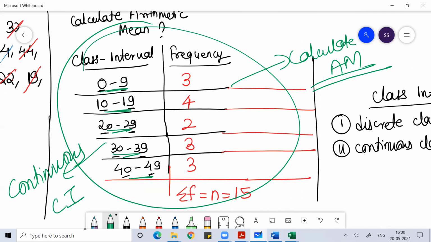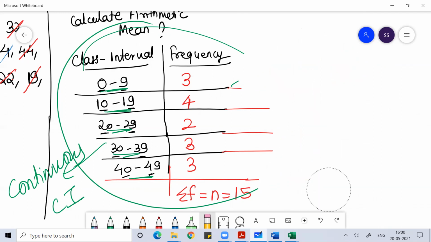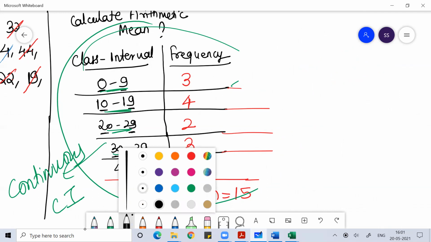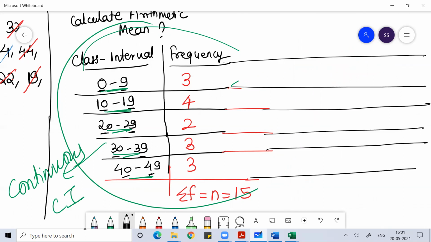So the first thing you need to do when you see the question in the exam is make the class interval continuous. If it is discrete, make it continuous. How will you make it a continuous class interval?